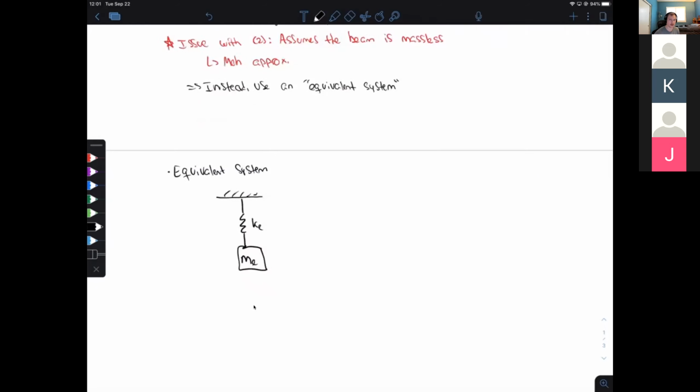Okay, so our spring, k sub e, is the effective stiffness of our system, and m sub e is the effective mass.